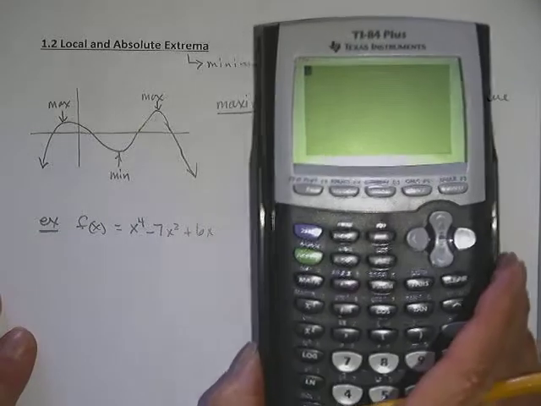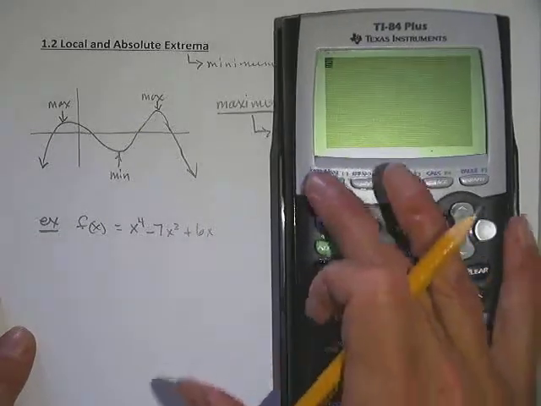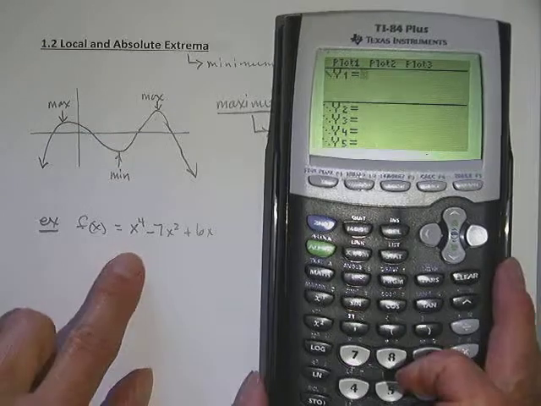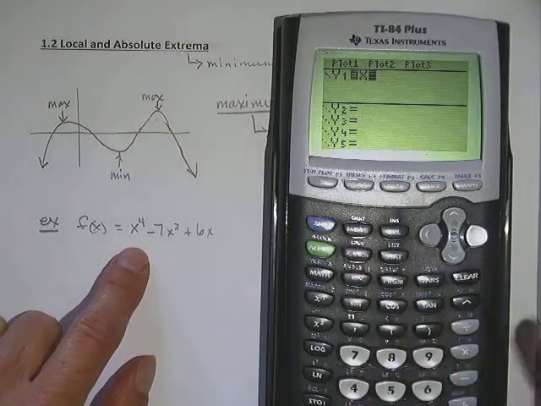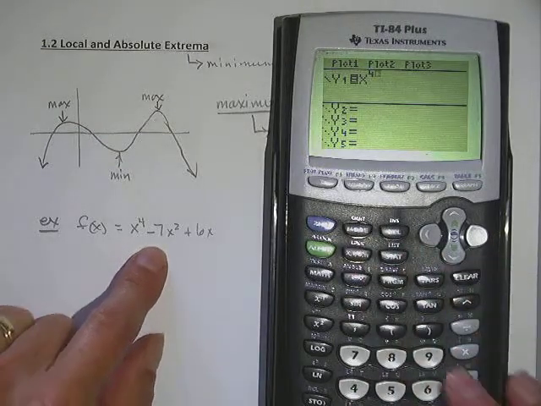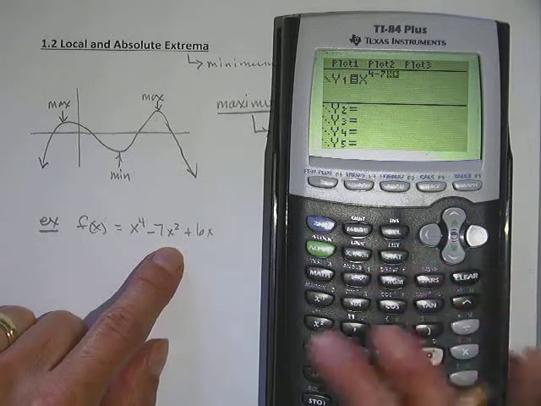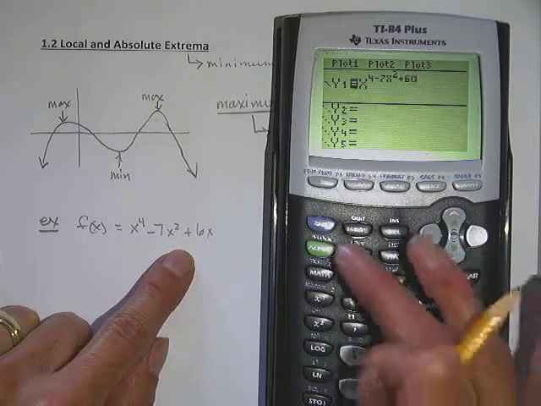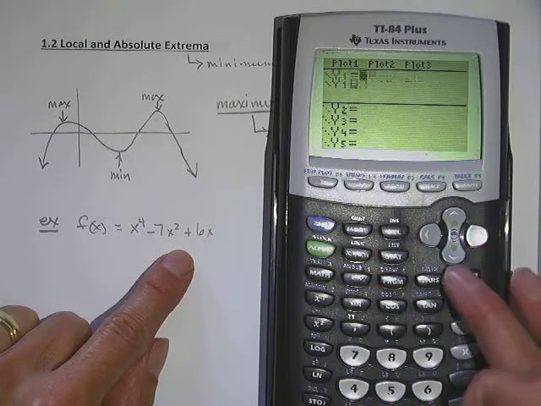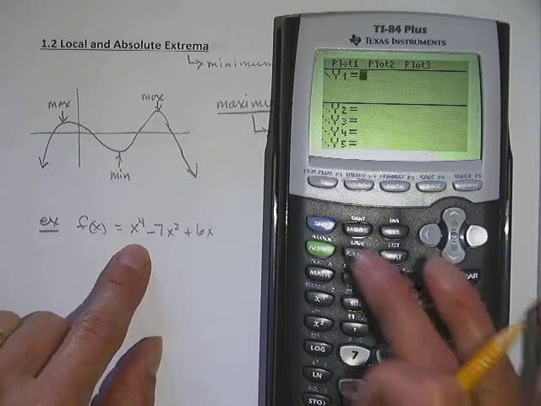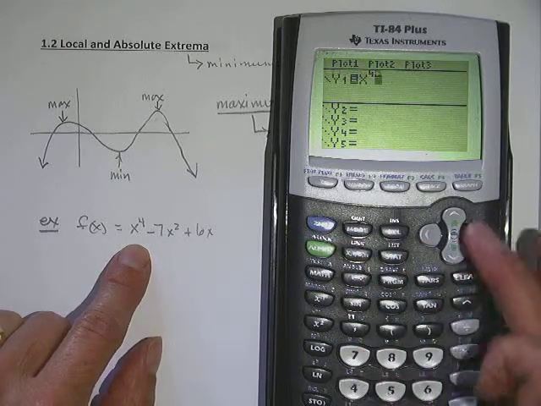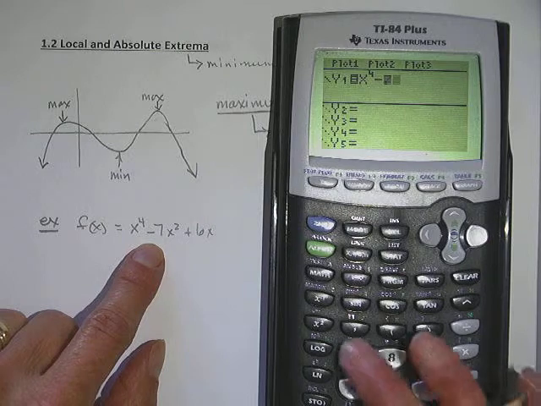All right, so we take our graphing calculator and we're going to type that in, y equals. Clear out our last function, and we're going to have x to the 4th minus 7x squared plus 6x. Oops, I was not paying attention, and so I put it all up above.